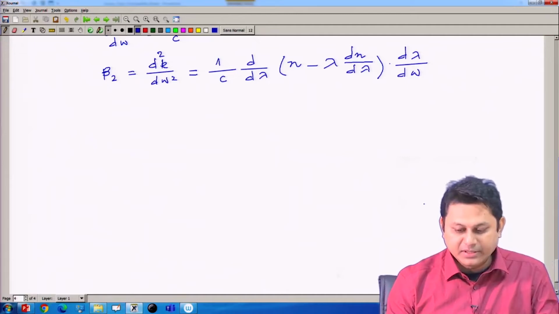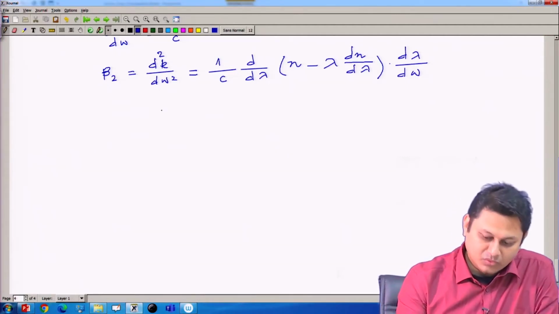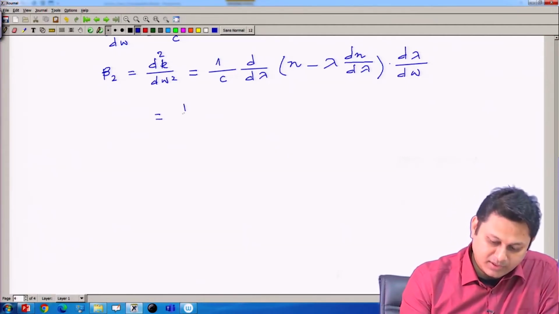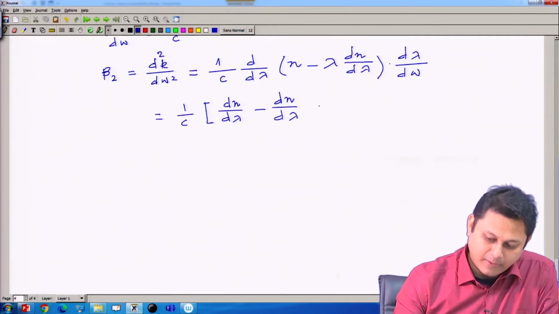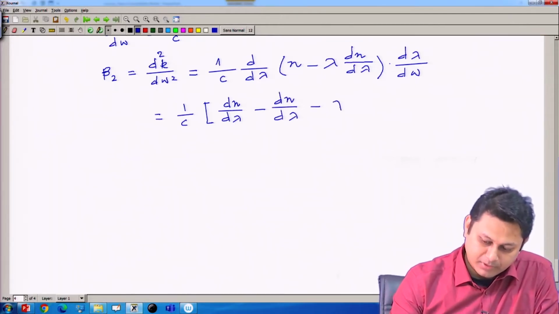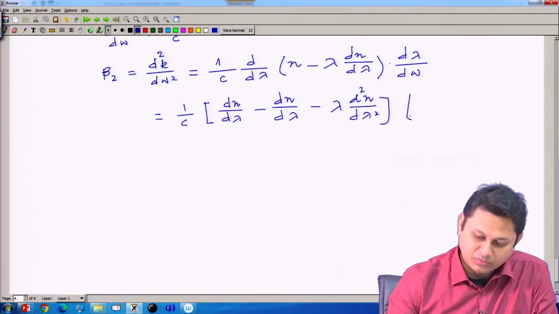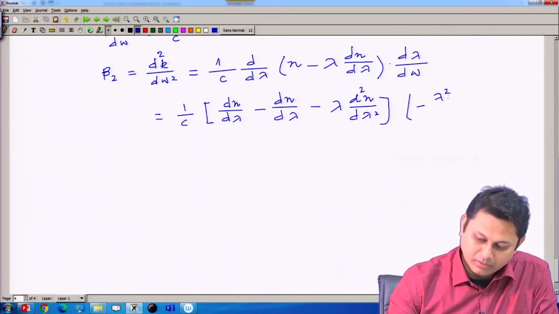So, I will write 1 by c times dn d lambda minus dn d lambda minus lambda d2n d lambda square, and this quantity we also know is minus lambda square divided by 2 pi c, bracket close.